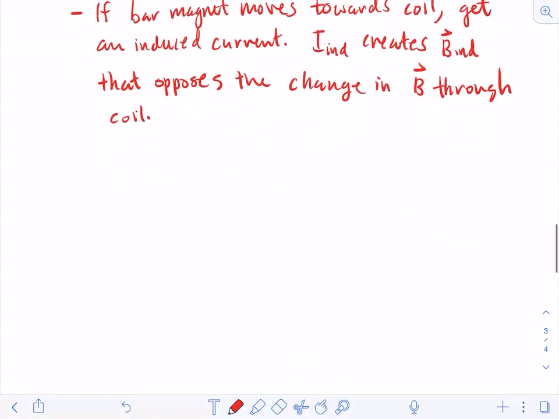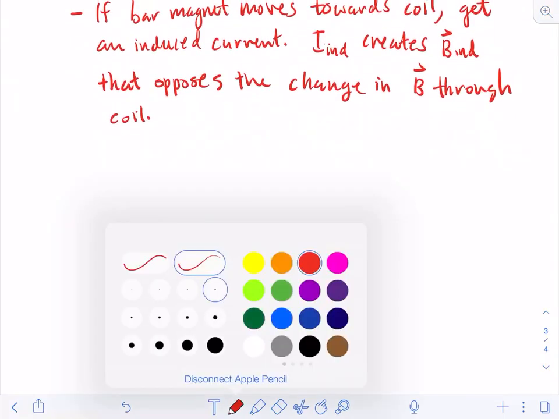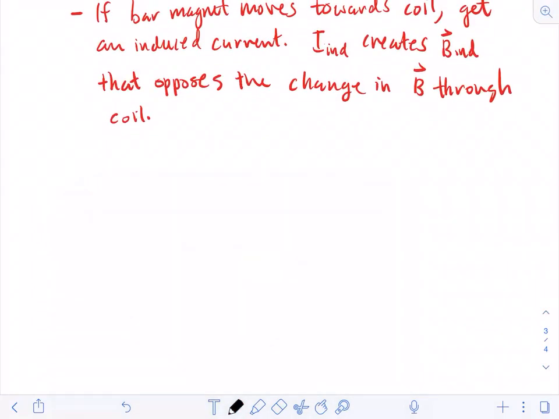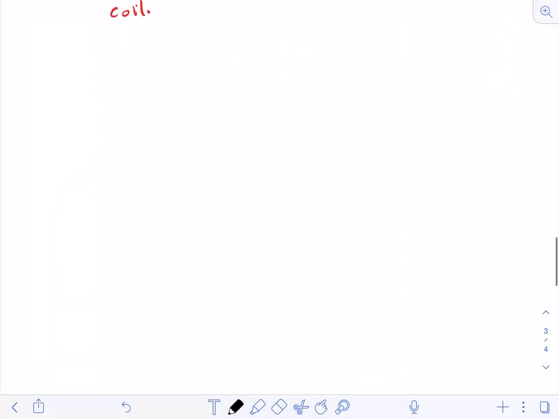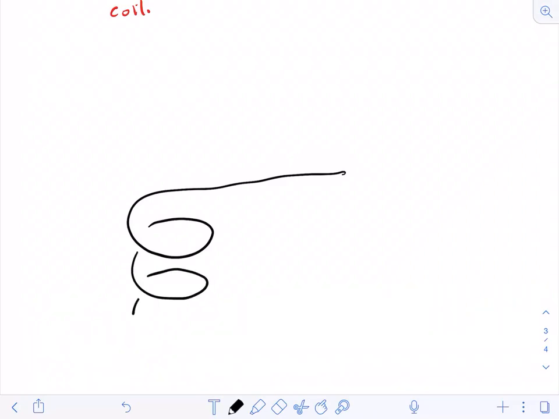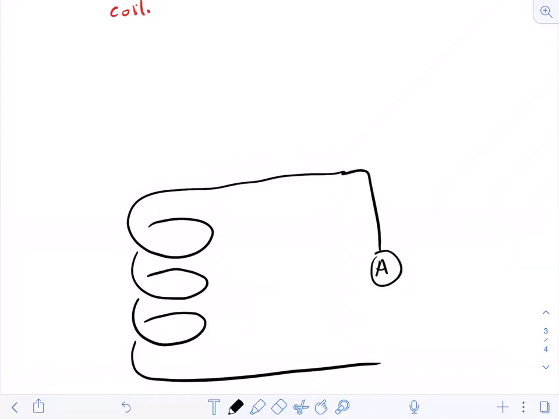Okay, so let's draw that scenario again. So what we'll have is a coil, and I'm going to try to draw the coil exactly the same. And then we go to our ammeter. And then we've got our bar magnet.